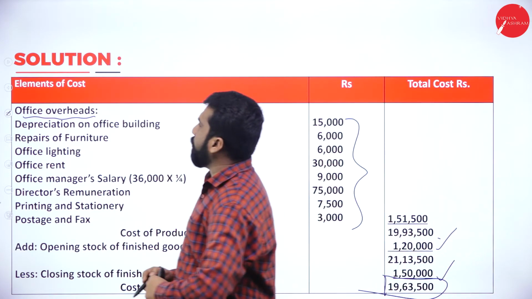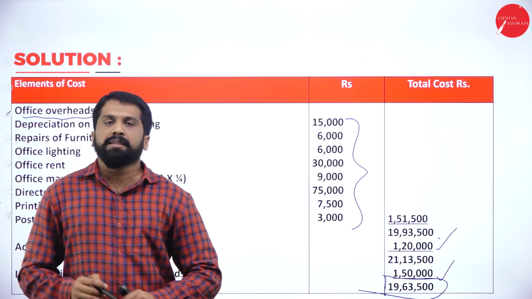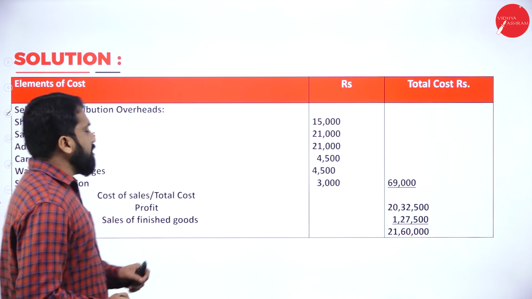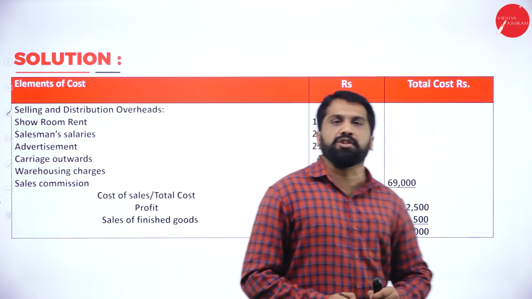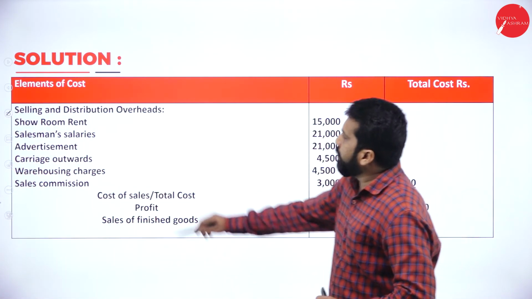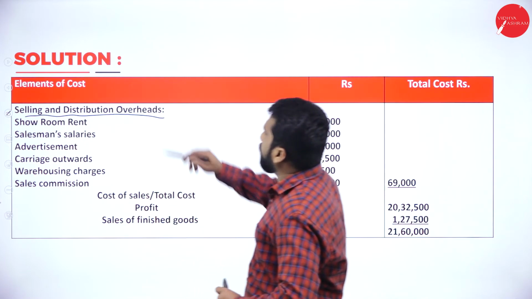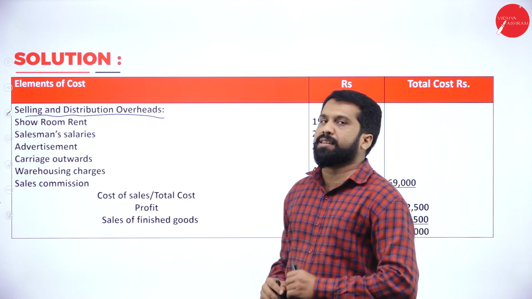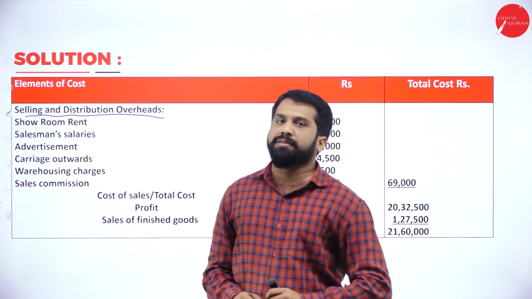Almost we are at the end of your answer. The last step we will do now. This will be your selling and distribution overhead. In your selling and distribution overhead, we have a few expenses which come under sales. Which are those?